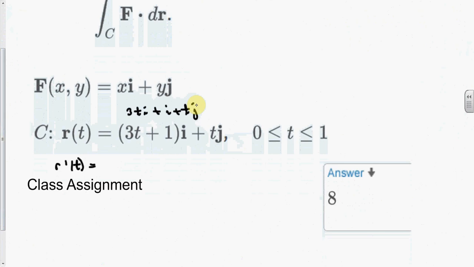Take the derivative of that, you get 3i. The derivative of t is just 1 times j. That's r prime, right? 3t plus 1 is multiplied times i. That's all, nothing more, nothing less.